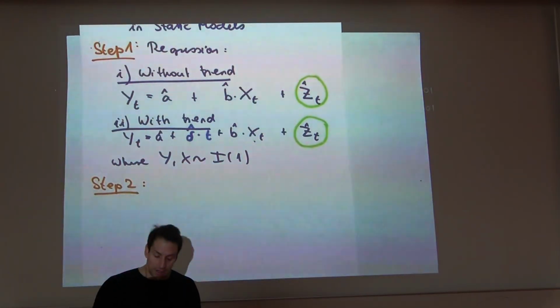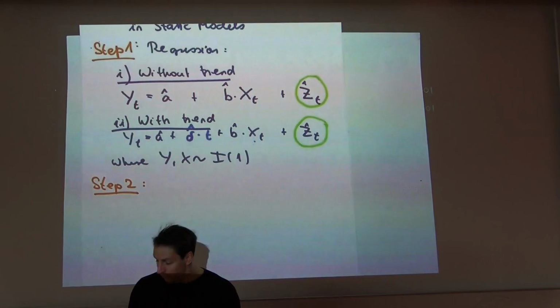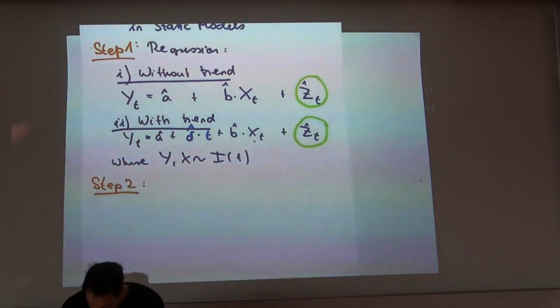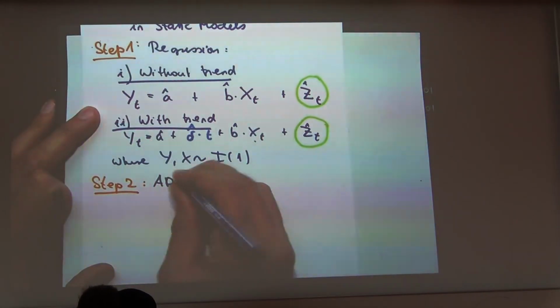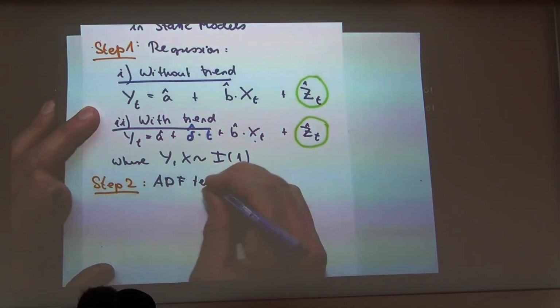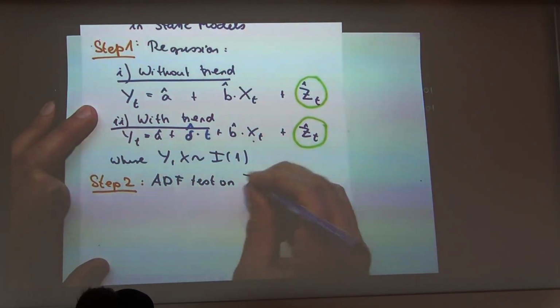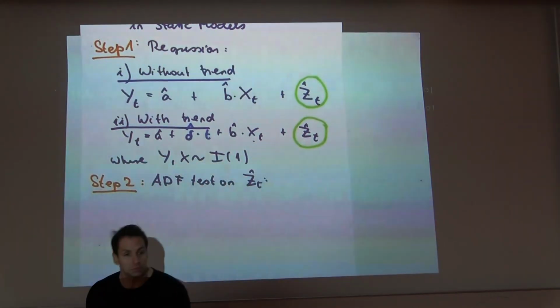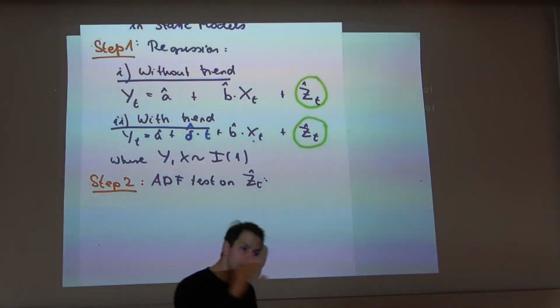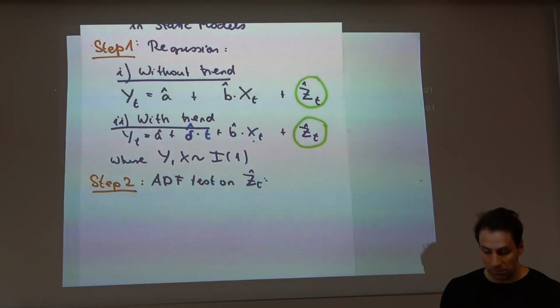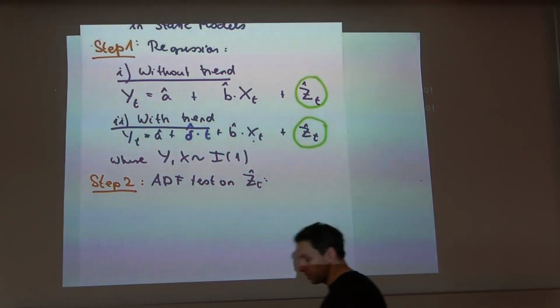Now here, again, what you do is you perform an augmented Dickey-Fuller test, the ADF test, on the residuals. In that case, you can examine whether or not the residuals are stationary.